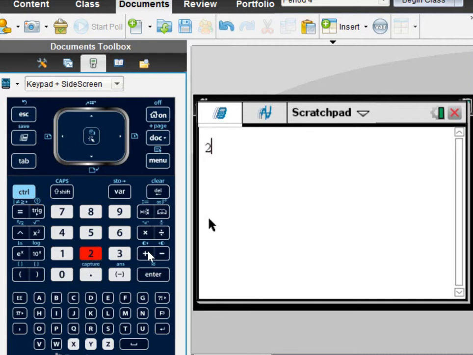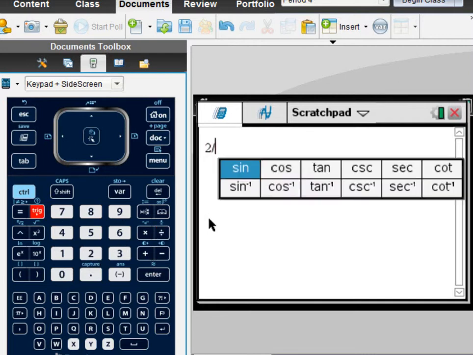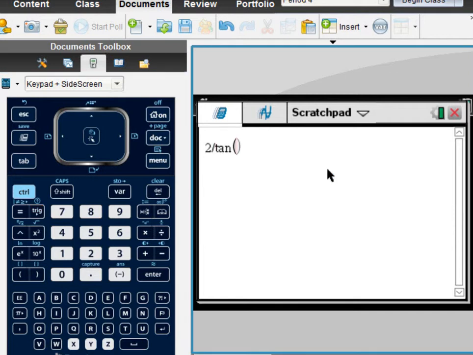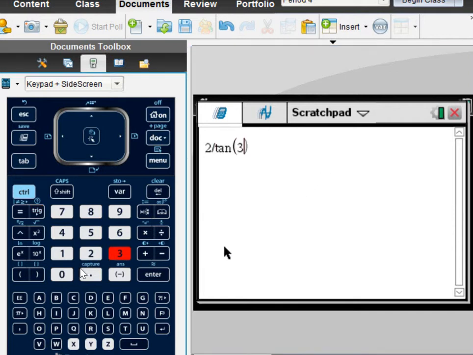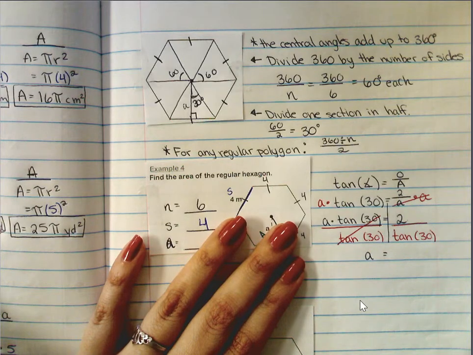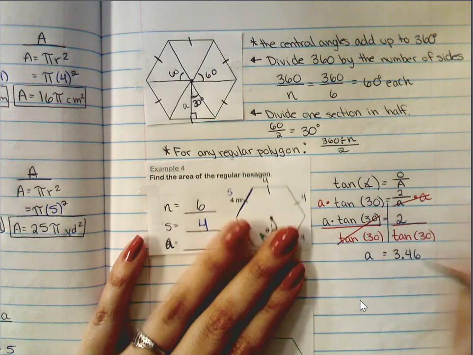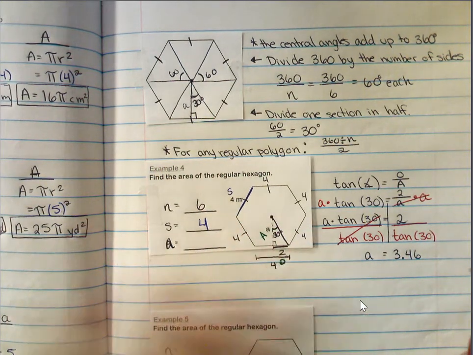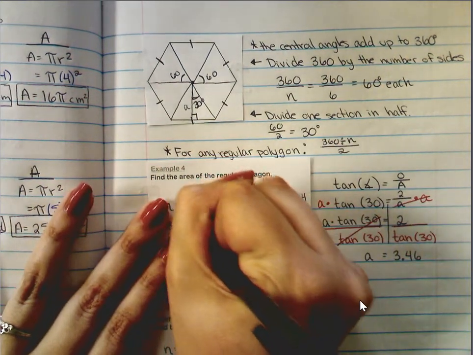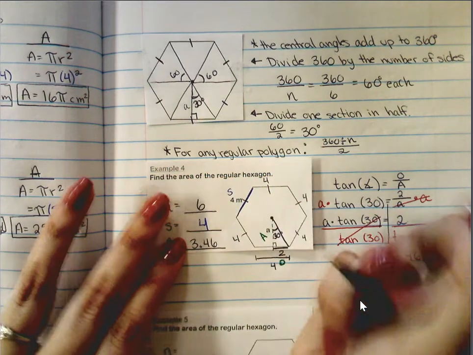So 2 divided, now I go to trig, tangent of 30. And you are rounding to the nearest hundredth, so 3.46. Right here, 3.46. That's my apothem.